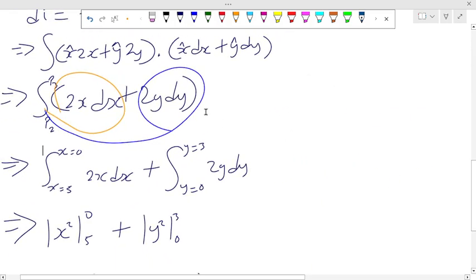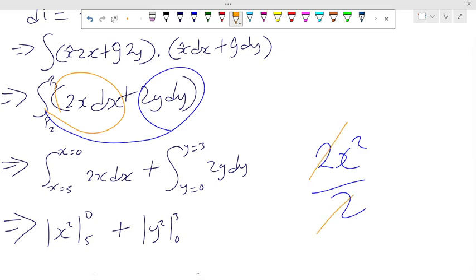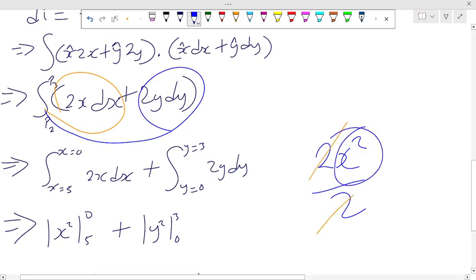So now we can go in and integrate this. When you integrate 2x, you get 2x squared over 2, and of course this cancels this, so what you have left is just x squared. Same thing for y: 2y integrates to y squared over 2, and this cancels this, so you have this left.